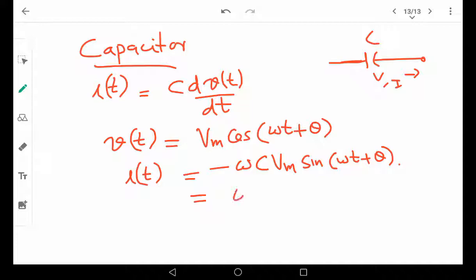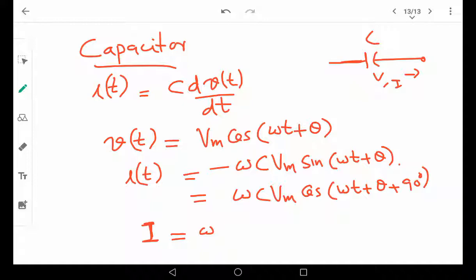So you can again write it using the same relation that we have used before. You can write it as omega c Vm cos(omega t plus theta plus 90 degree), right? So you can write the phasor in this case as omega c Vm e raised to j(theta plus 90).